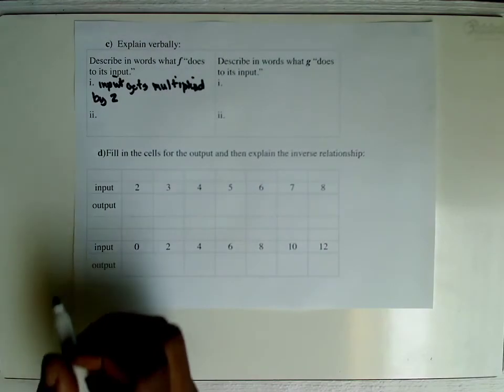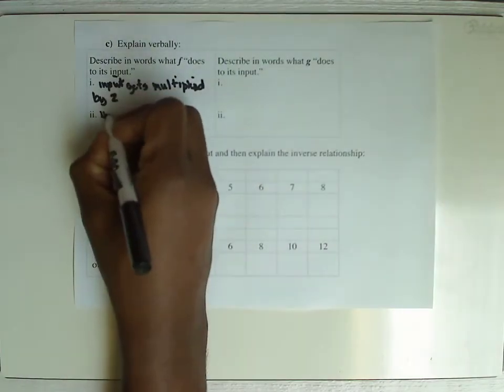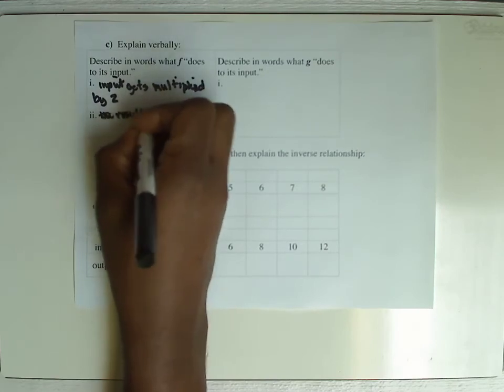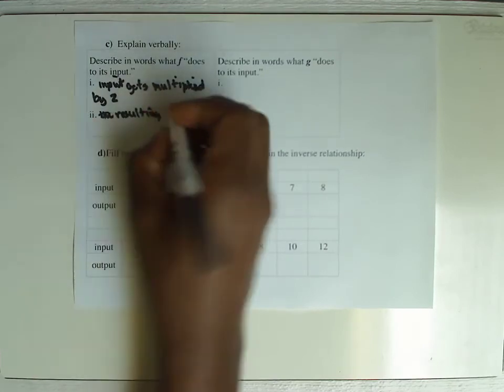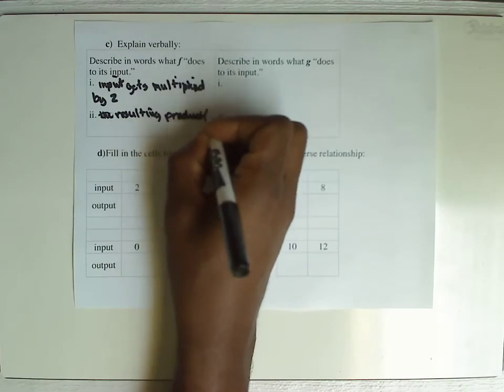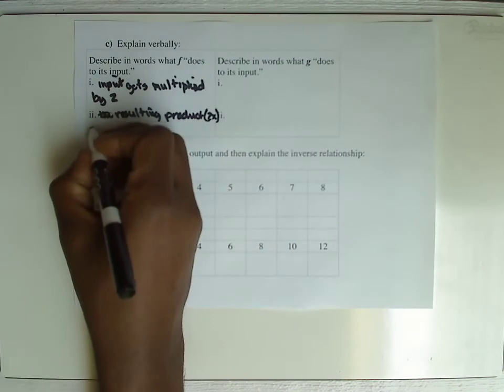And then the second thing that it does is that then the product, so the resulting product, which is basically 2x, has 4 subtracted from it.